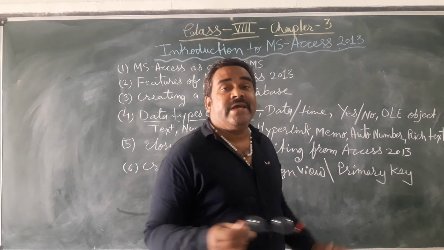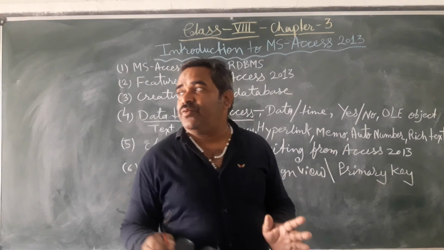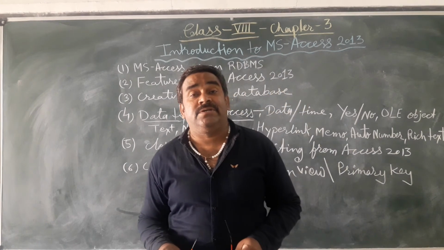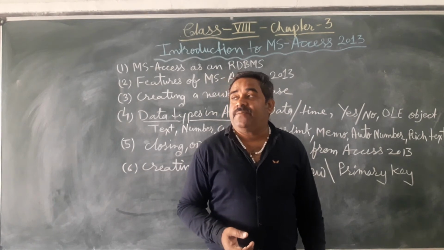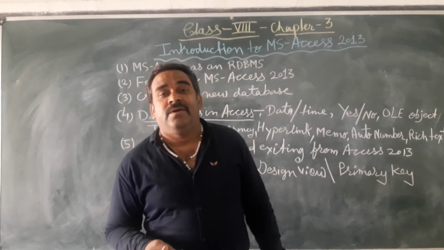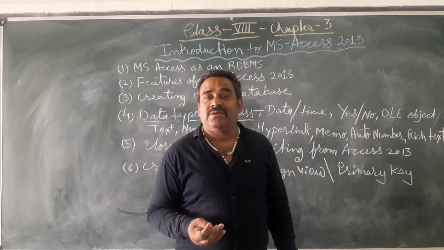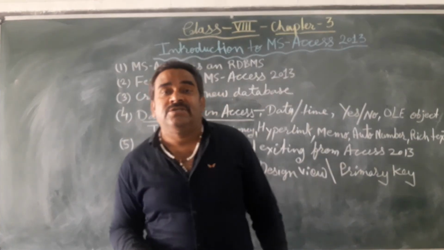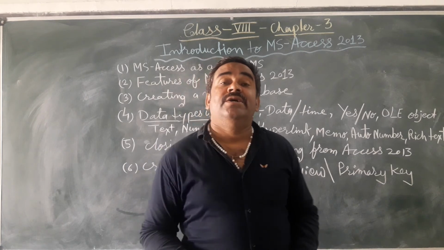In design view, we can also design our data. Design means deciding which kind of field we need while creating a database. Simply, I just told you the information about a particular student: student name, student father name, address, phone number, date of birth, and including your roll number, these are the 6 fields that we need while creating the personal information about a particular student.